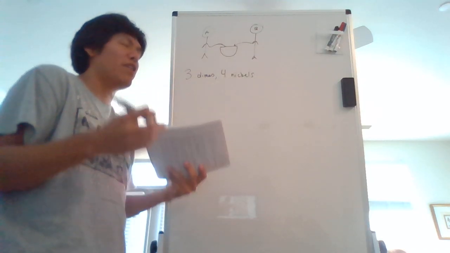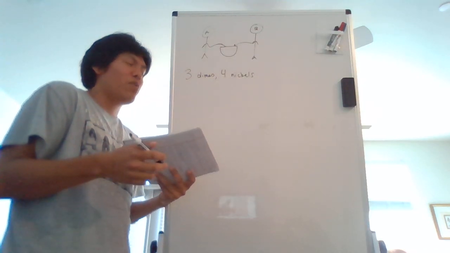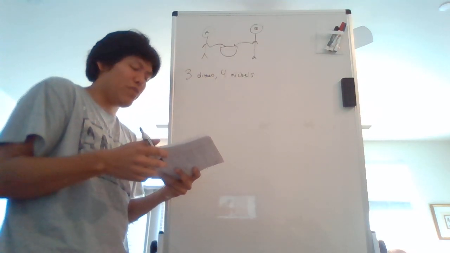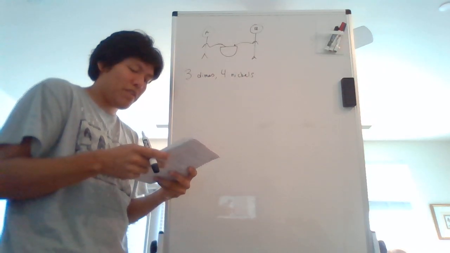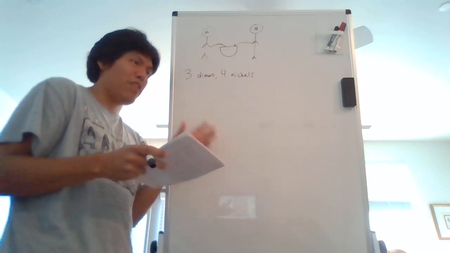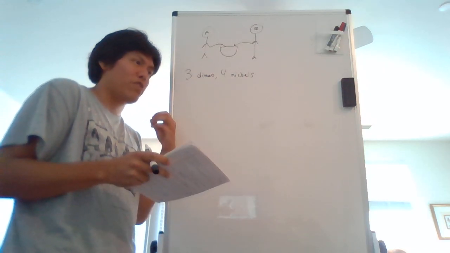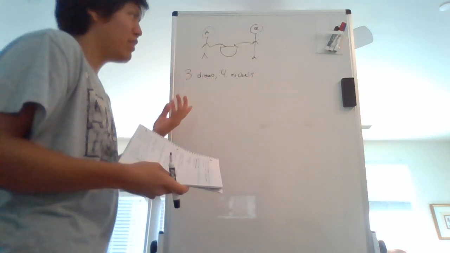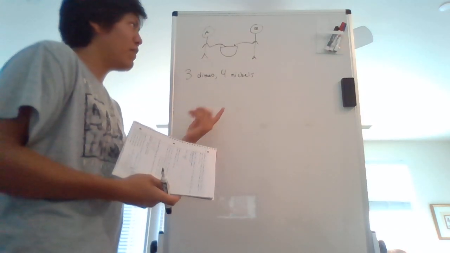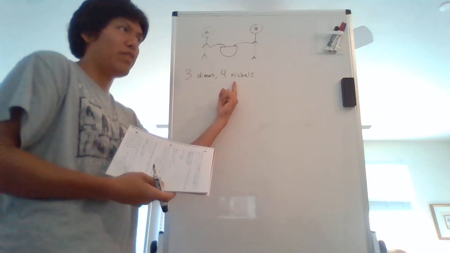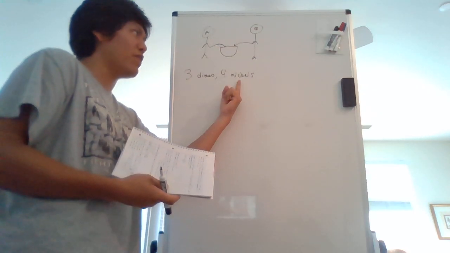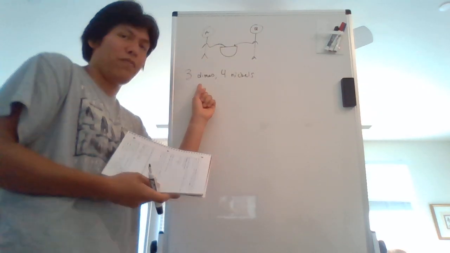Well, in order to do that, we also need to find the probability of them not only drawing it on the first draw, but let's say, for example, on the first draw they drew a nickel, and then B drew a nickel, and then on the third draw they drew the first dime.